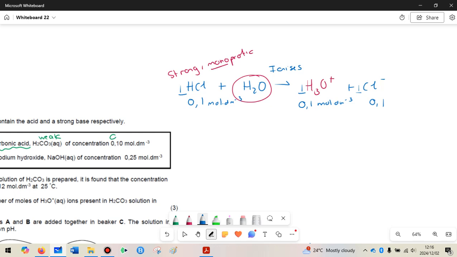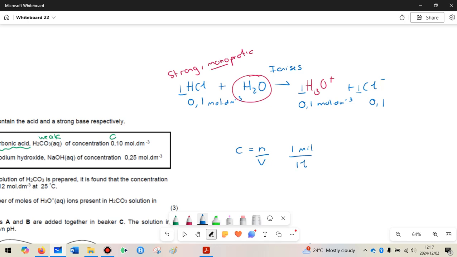Monoprotic means that for every acid molecule, it always gives off one hydronium ion. Now, remember what concentration is. It's mole over volume. So let's say I have, hypothetically, 1 million particles of HCl, and I dissolve it in a liter of water.